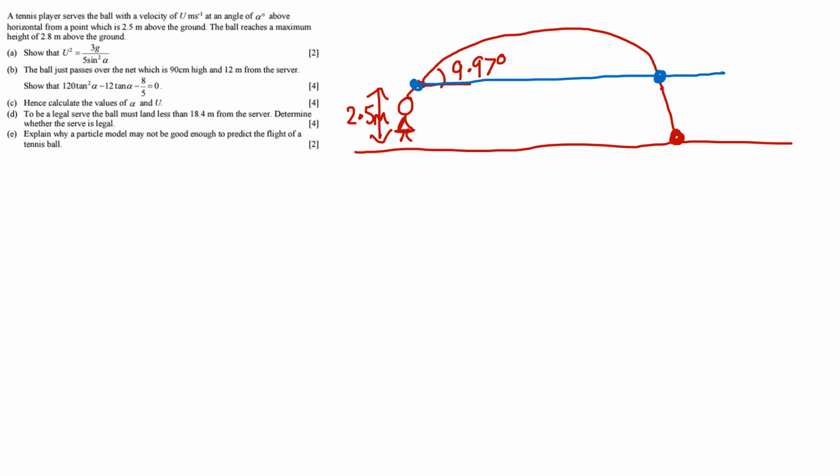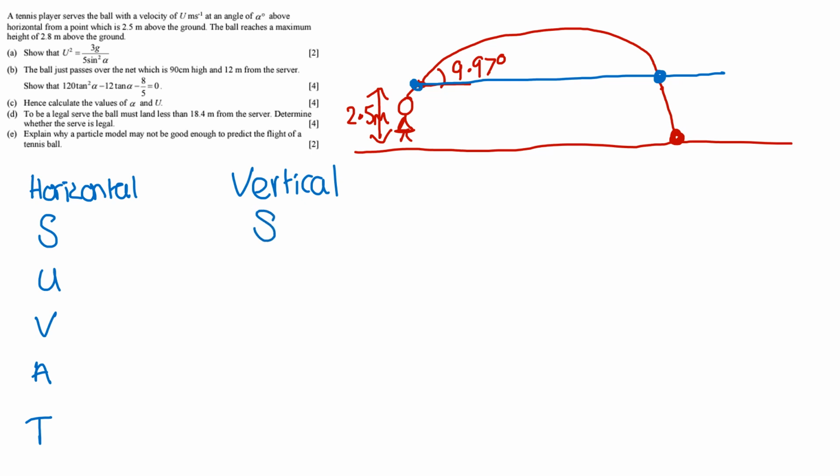If we do 2 lots of SUVAT, you might think, I'm going to do horizontal SUVAT. We might also need vertical, so let's get that down. Vertical SUVAT. Your teacher probably put a little x on to remind you these are horizontal. And the other ones are, well, t's the same for both. Won't bother with t. And s for vertical, y.